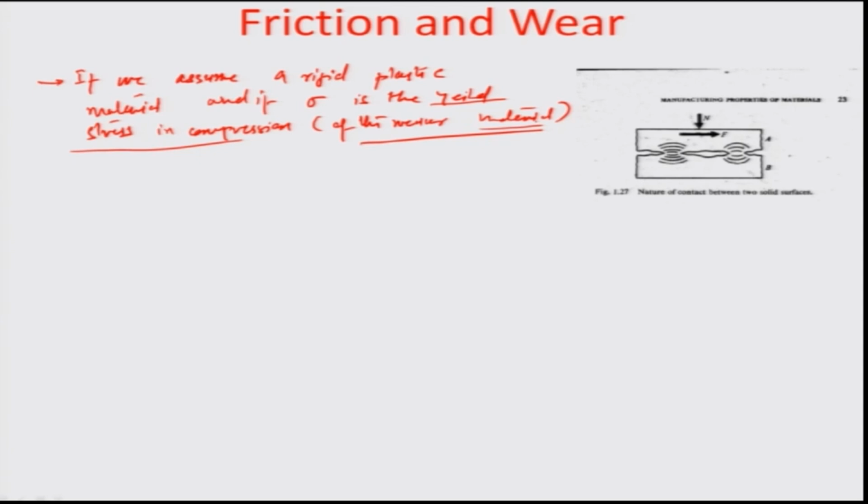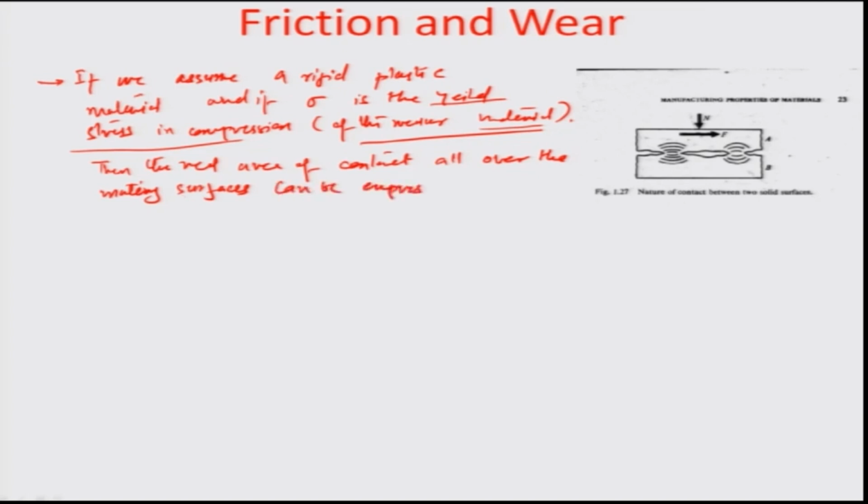Then the real area of contact all over the mating surfaces can be expressed as A real, which is equal to the normal force N divided by sigma of the weaker material.